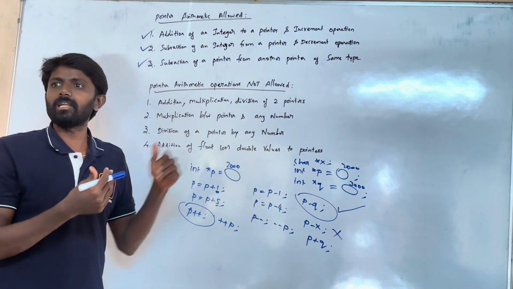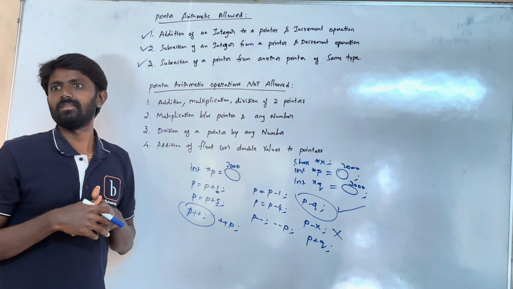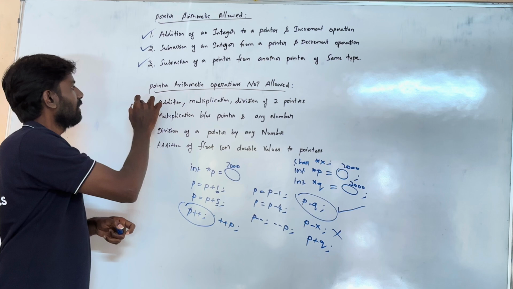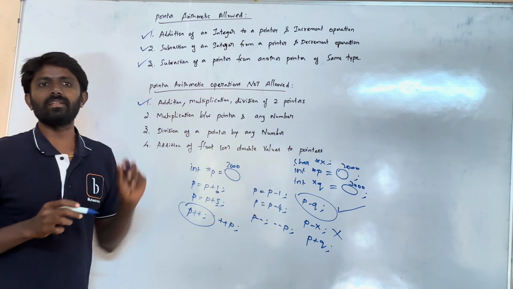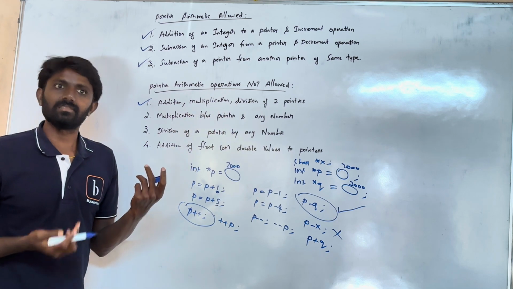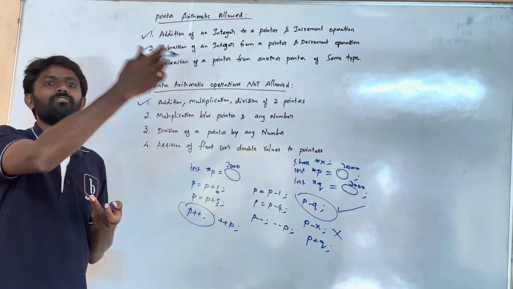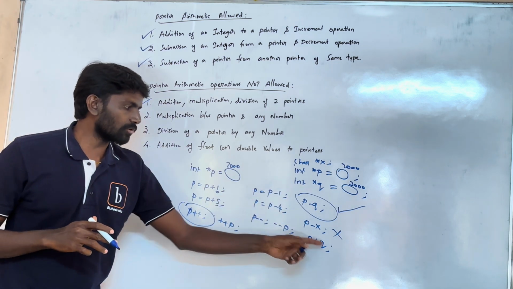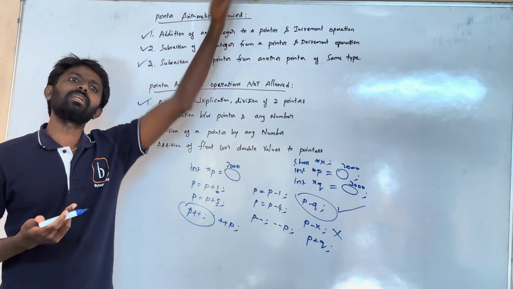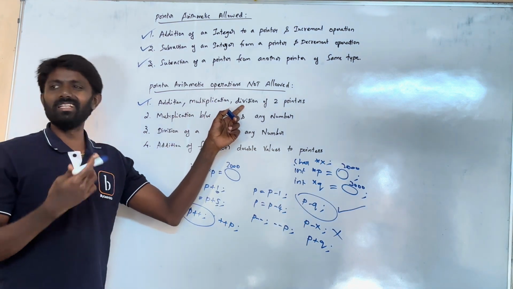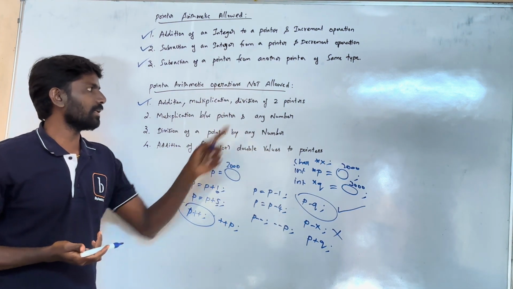That address may not be your program address. That is the reason Dennis Ritchie strictly said that you cannot add 2 pointers. Similarly, multiplying 2 pointers. Addition itself goes to a different location. If you multiply 2000 and 3000, it jumps to a completely different area. Similarly, division. These are all not allowed in the case of pointers.